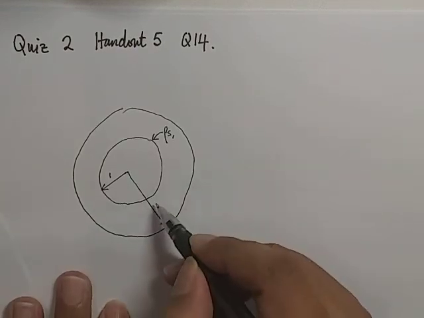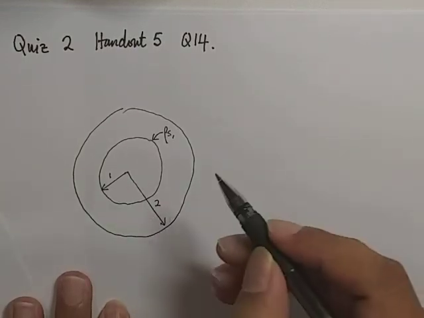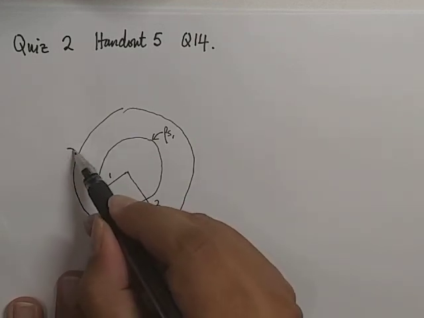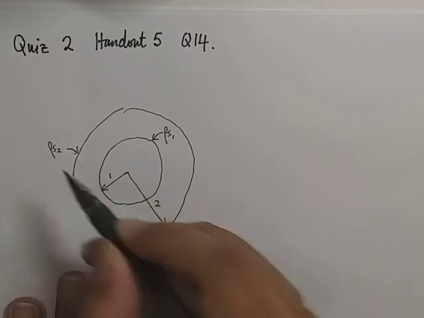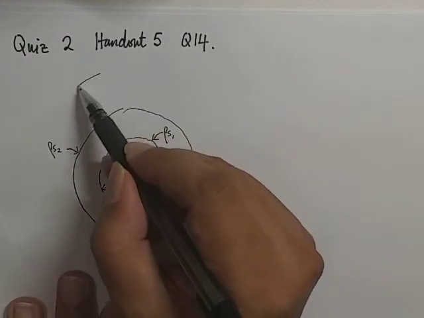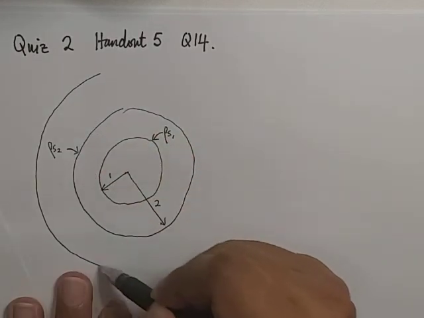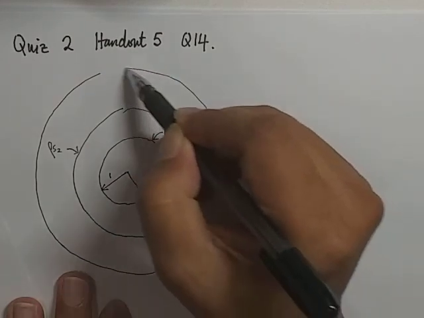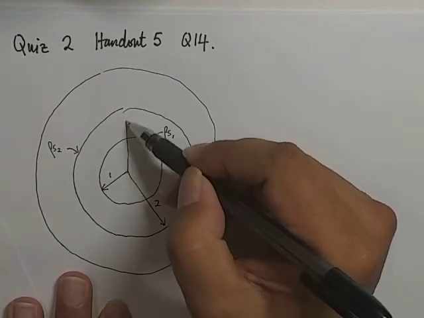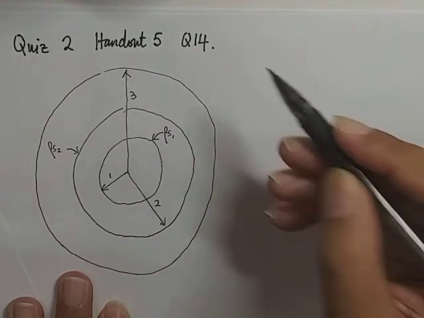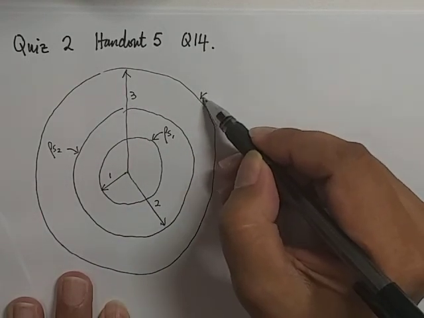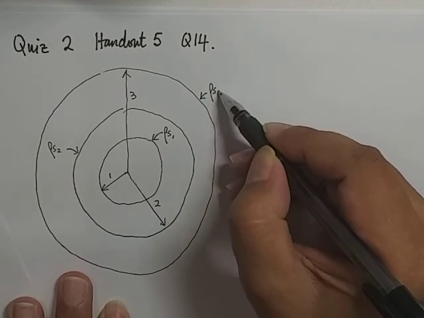This one has radius 2 and charge density, which I'm going to denote as rho s2. And finally the outer shell, with radius 3, and I'm going to label the charge density as rho s subscript 3.